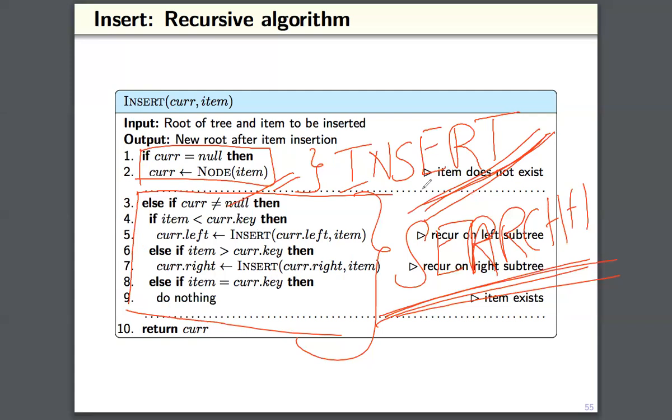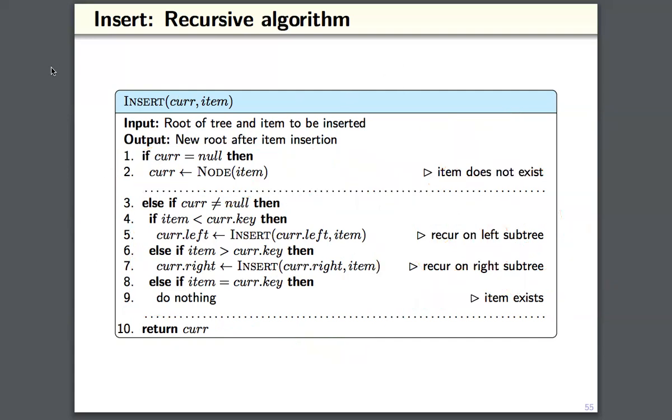The base case is really the insert logic. So keep searching, and in the base case, you insert. That's the fundamental logic or reasoning behind this insert function. Make sense?